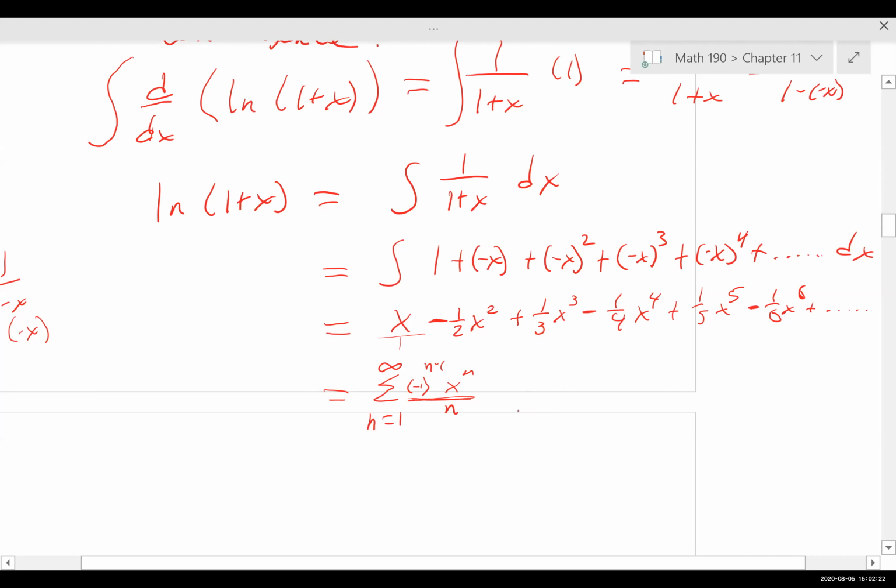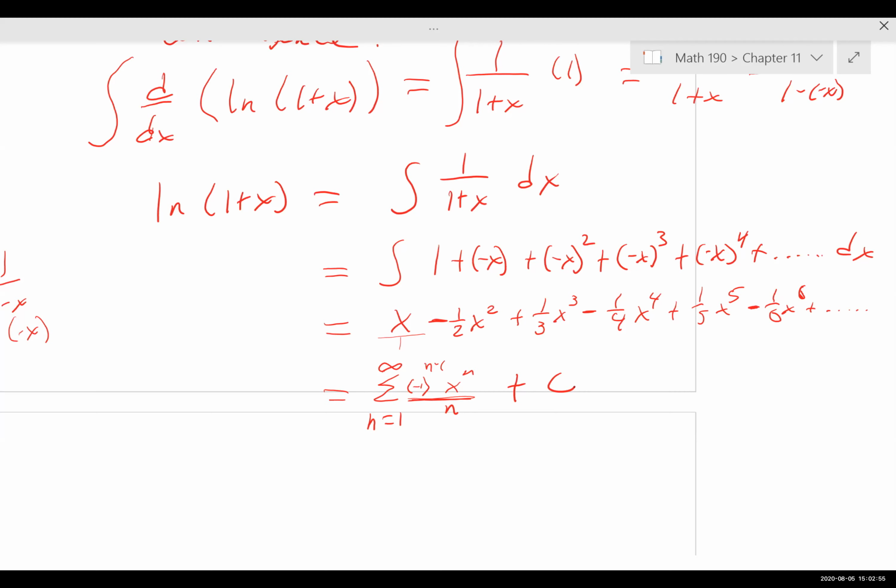that's our summation, right? So when we integrate, there is a plus c, unfortunately. If we were to integrate this, there would be a plus c out here, some constant c. However, if we want to find out what c is, couldn't we just let x be equal to 0?